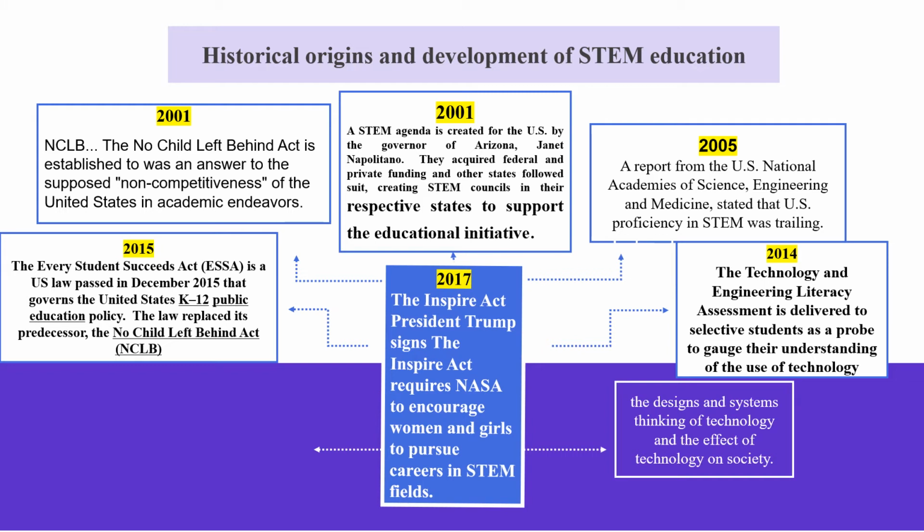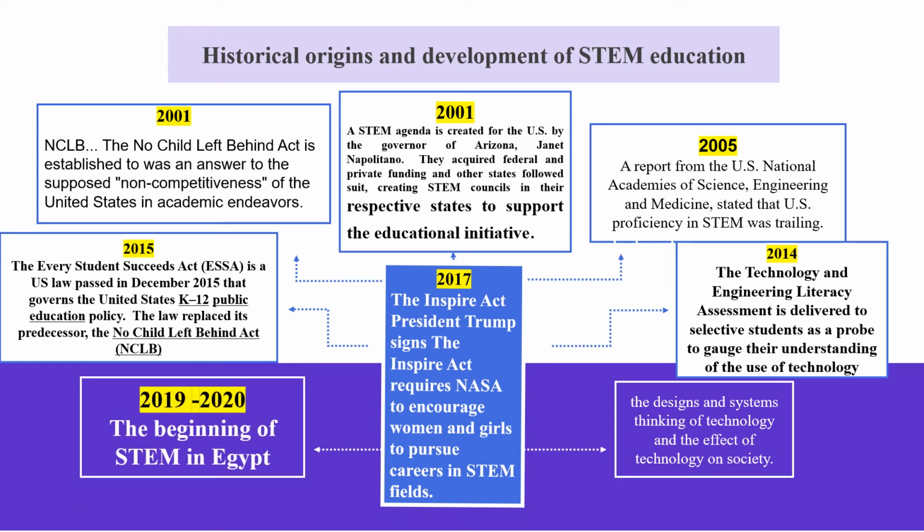This is a specific act that encourages women to enter NASA, make a lot of research, and study STEM education. This is a very important act because it concerns women and girls.